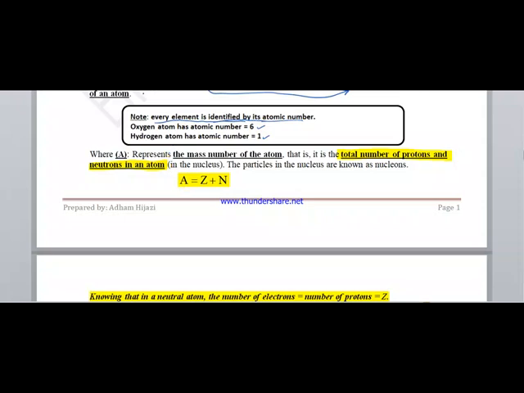A is equal to Z plus N, where Z represents the protons and N represents the neutrons. A also has another term, nucleon: nucleons are the particles found in the nucleus.